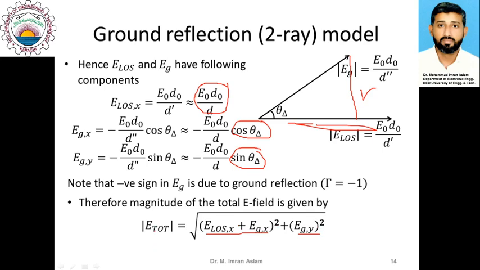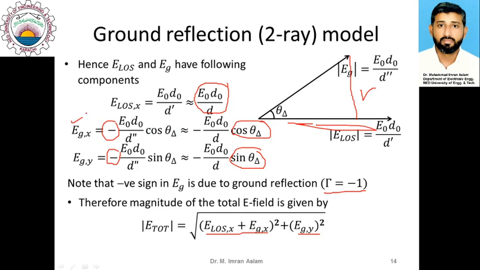So the total electric field would be given by ELOS x plus EG x, which are the x components for these two fields, plus this y component of EG, because there is no y component for the LOS field. One important thing is that I have used a minus sign here, which is logical because this EG field is coming from ground deflection, and which has a ground deflection coefficient of -1. So this -1 is because of that ground deflection.